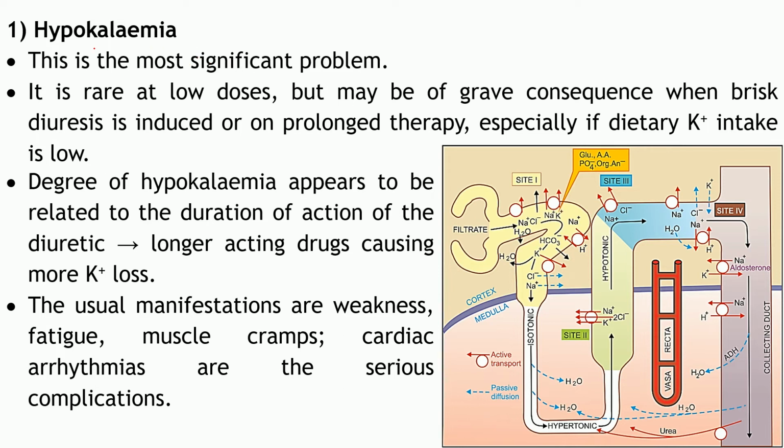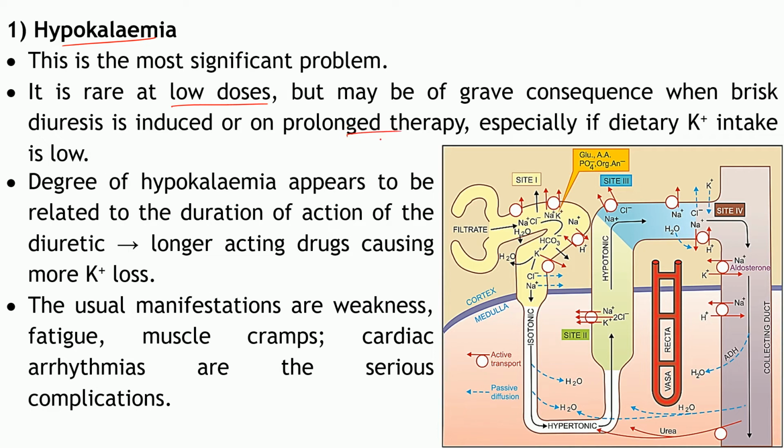So coming to the first complication, the most common and the most significant problem with both these classes is hypokalemia. If you use low doses, this particular problem will not be aggravated. Brisk diuresis should not be induced, or prolonged therapy should be avoided.